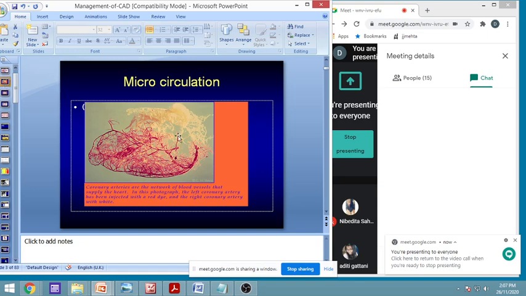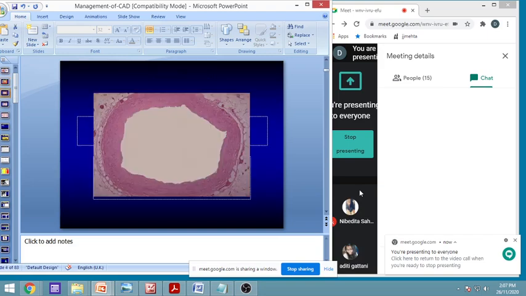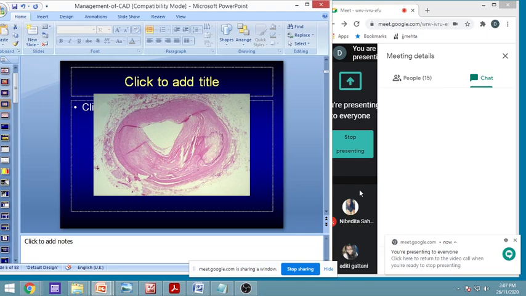Now this is the microcirculation which is going on. If somebody inserts the dye, then we can check these are the blood vessels and how these fine capillaries are reaching each and every portion of the heart. This is a coronary artery without any problem, but here you see the atherosclerotic plaque.